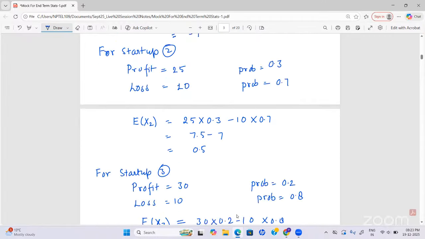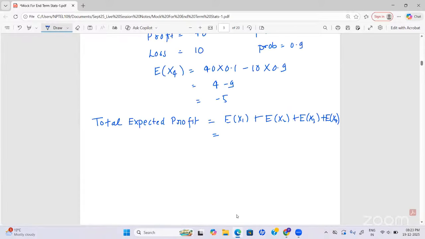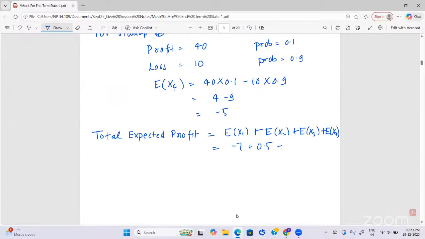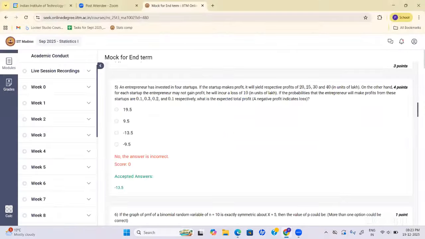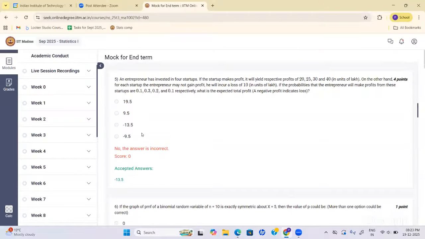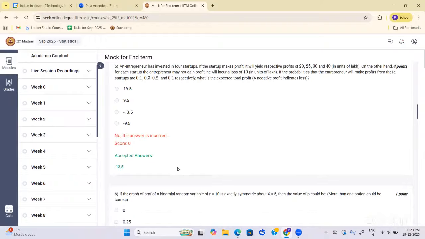So this is minus 7.5, and then minus 2, minus 5. Okay, so this will be minus 13.5. So minus 13.5 is the total expected profit from all the startups. Is this question clear? Yes, ma'am.